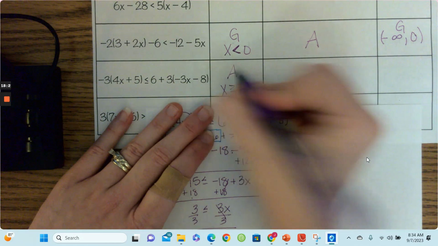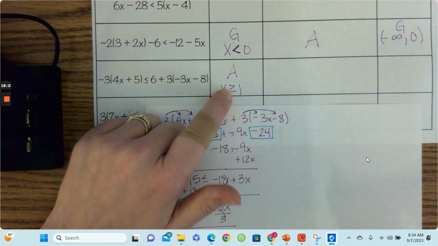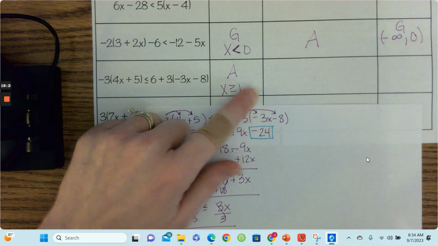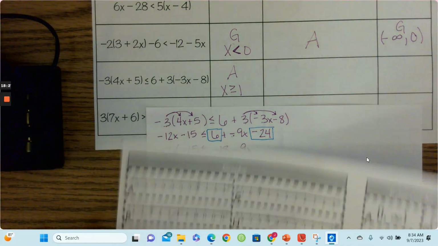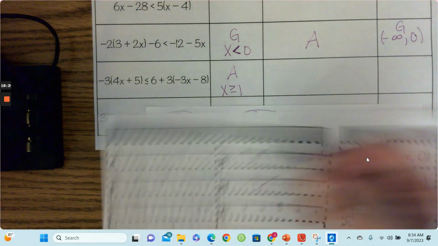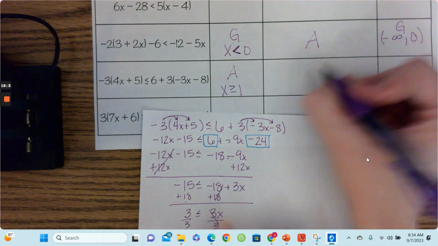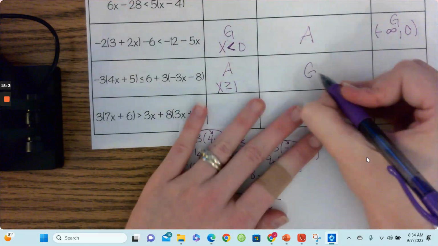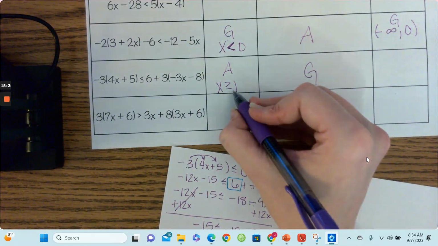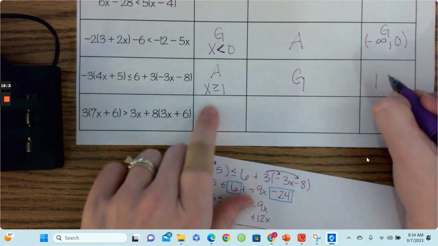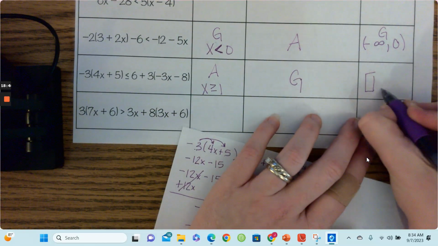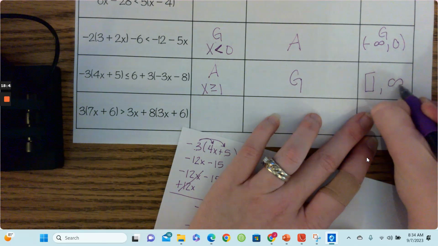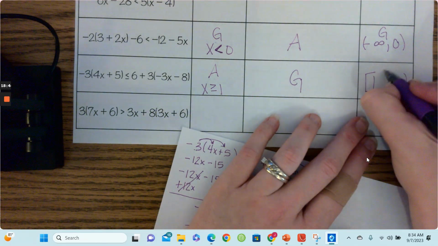So I need a solid dot at the 1 with the arrow pointing to the right. That's A. This one we're starting at 1, but it's got that line underneath it, so it gets a bracket, and then all the way to infinity. So that's A.